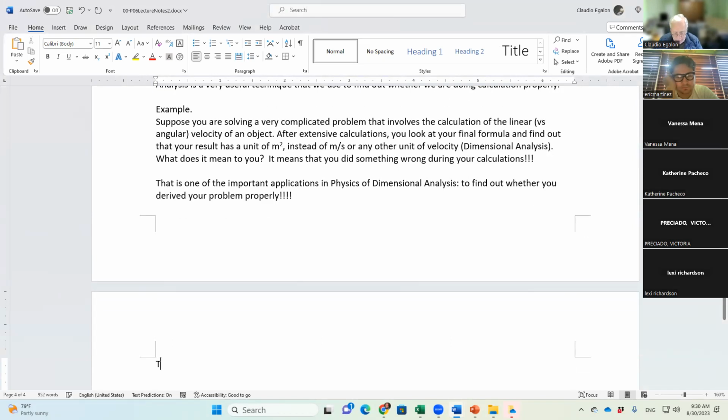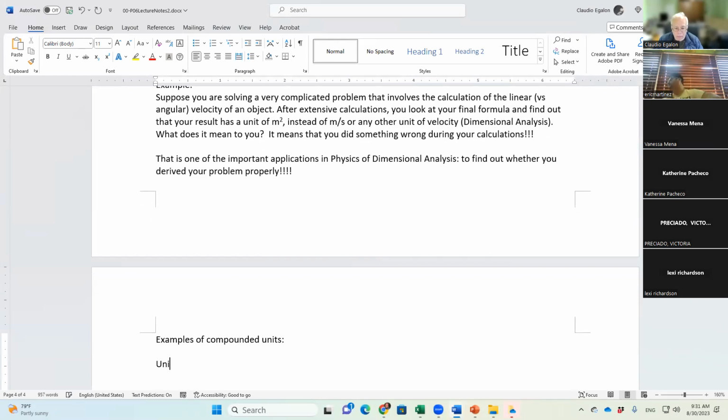There is one important unit in physics that is not just, let me give some examples of compounded units before we go into that, right? Unit of area can be the meter square, already mentioned to you.